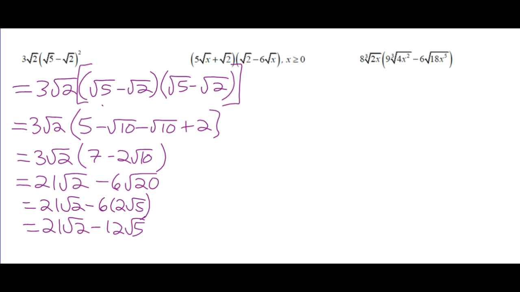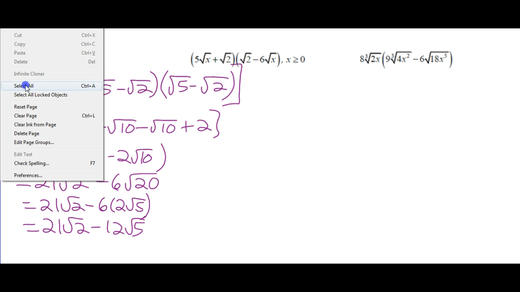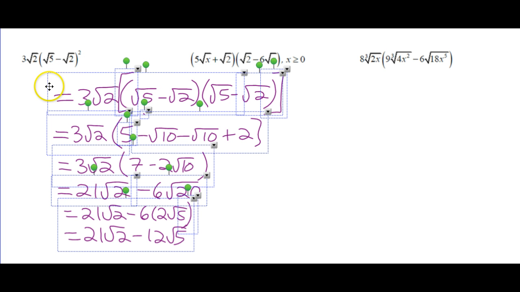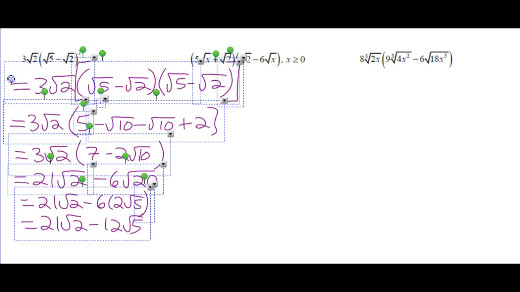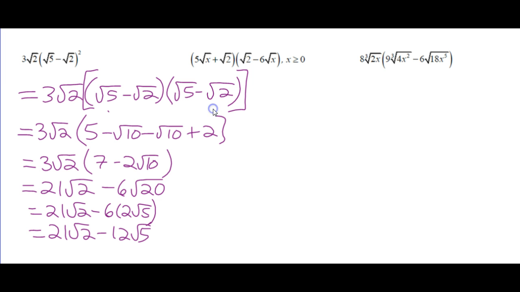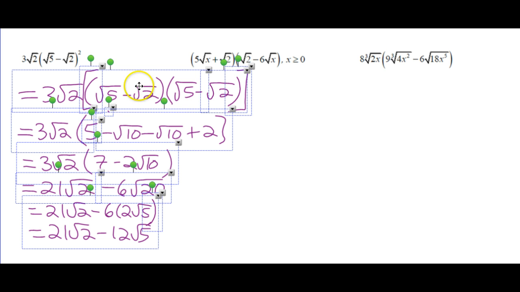Okay. Now, let's see if I can just select all of that. I'm not gonna be able to read any of this. I want to change the size of it, but I don't know how to change the size of it.